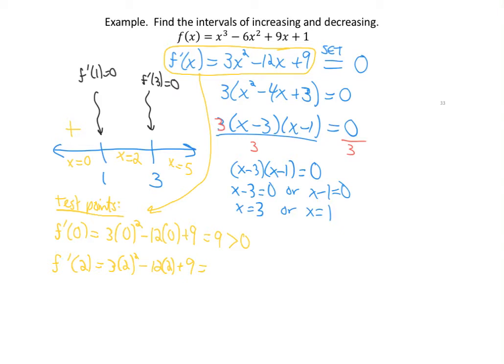And what I'll get is 12 minus 24 plus 9, which I believe is going to be negative 3, which is a negative number. So I have a negative derivative between 1 and 3. And then finally, my last test point is 5. I'm going to plug that in and I will get 75 minus 60 plus 9, which should be 24, which is positive.